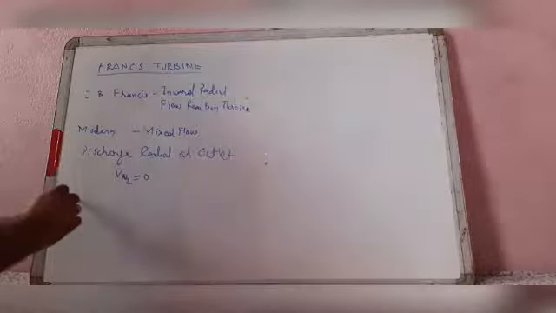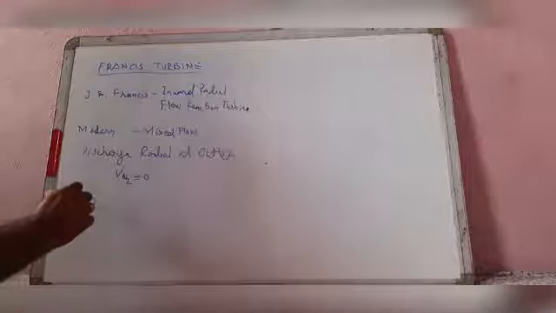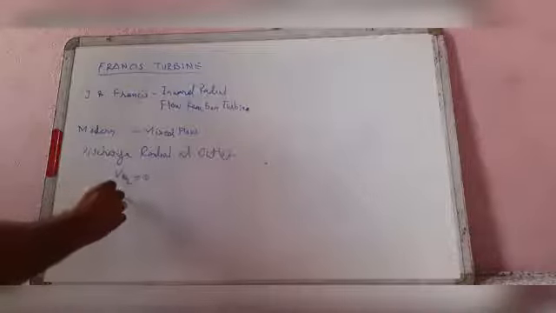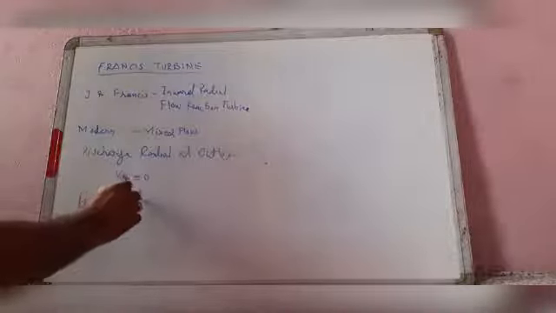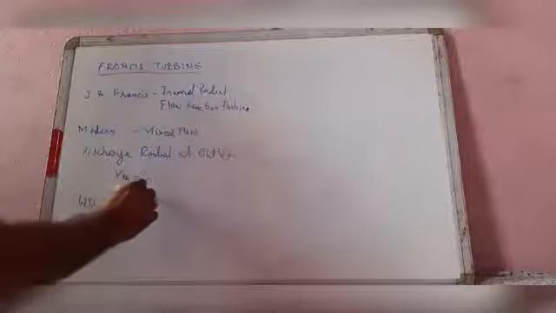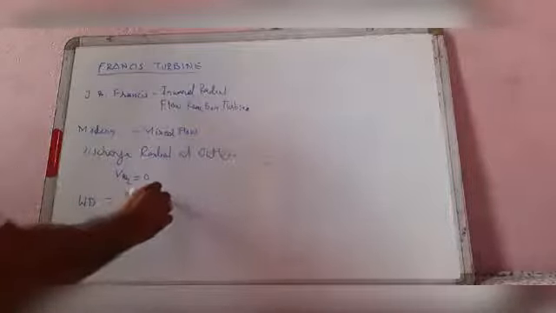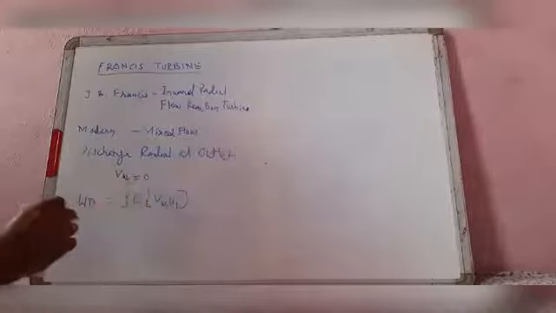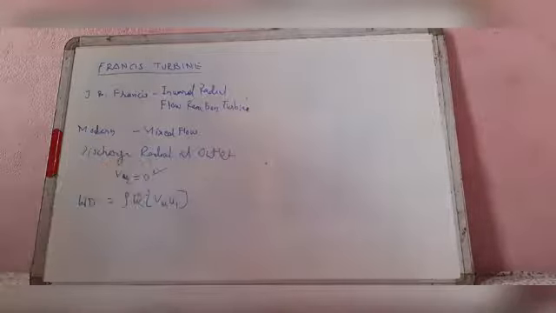The work done by water on the runner per second is equal to rho Q VW1 U1, because VW2 is 0.